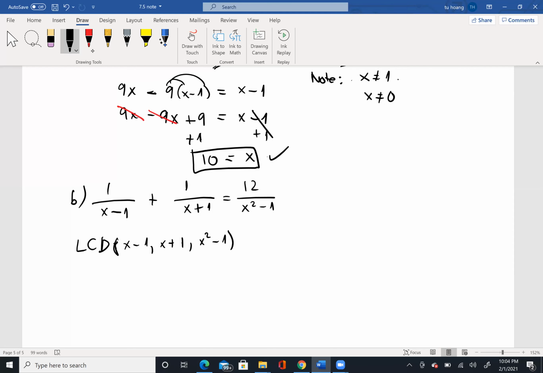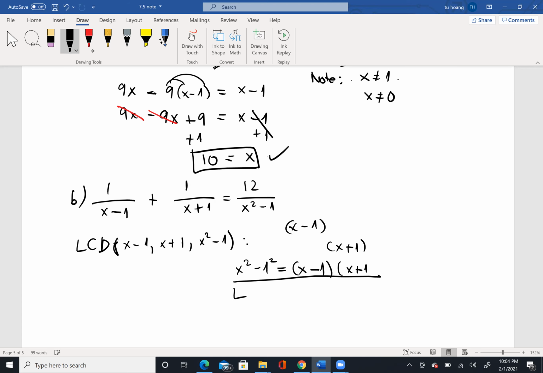So I can rewrite x minus 1 here, x plus 1, they are not the same, right? And x squared minus 1, remember that x squared minus 1 can be rewritten as x squared minus 1 squared. So that is a difference of squares. So it can be factored as x minus 1 times x plus 1.